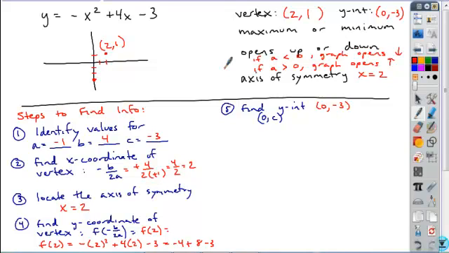Okay, now, if I look at my graph, depending what other questions I have, here I have to determine whether I'm dealing with a maximum or minimum value.